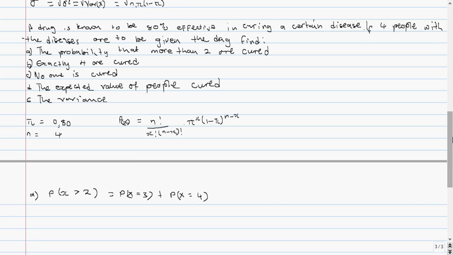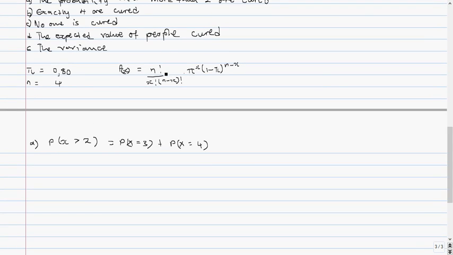Now, with that, we apply our probability formula to find P(x equal to 3) and P(x equal to 4). So instead of writing n, our n is 4, so 4 factorial over our x. In the first case, our x is 3, so 3 factorial, n minus x, that's 4 minus 3, factorial.